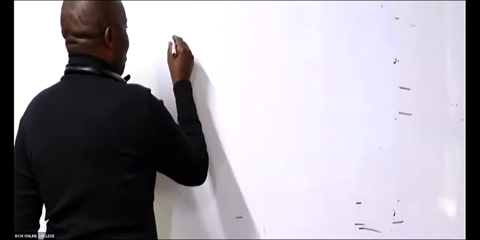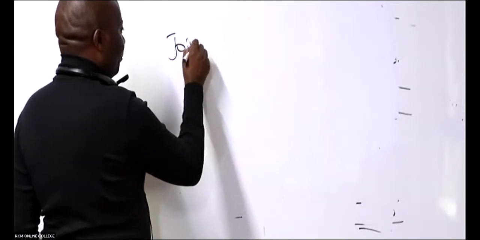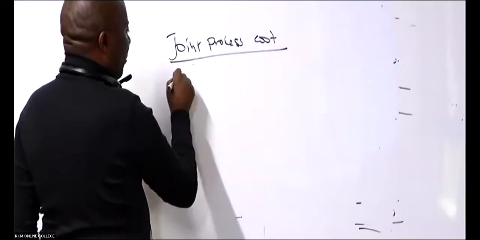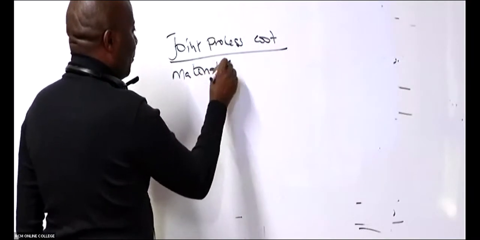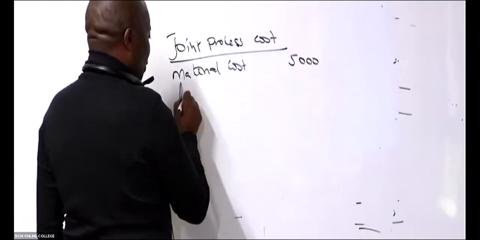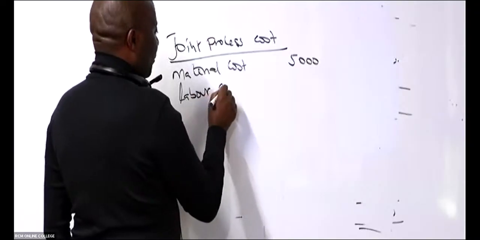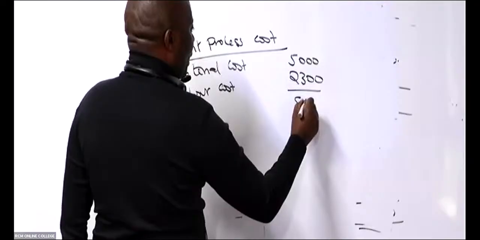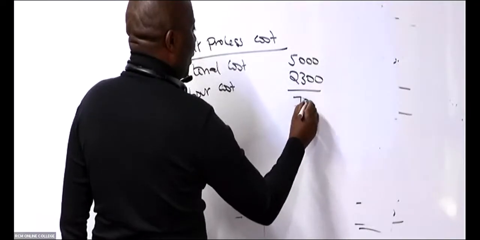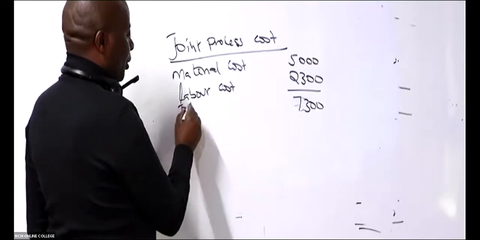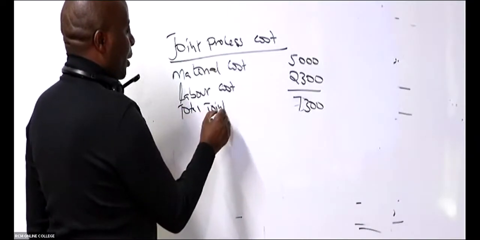So we have joint process cost. Material cost, 5,000. Labor cost, 2,300, giving me 7,300. So this is the total joint cost.